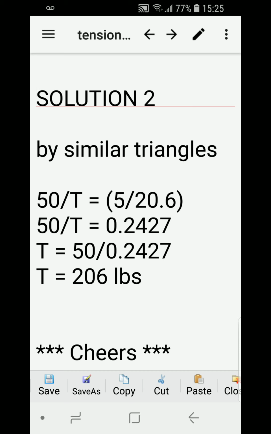So we are using the opposite side as a ratio to the hypotenuse.